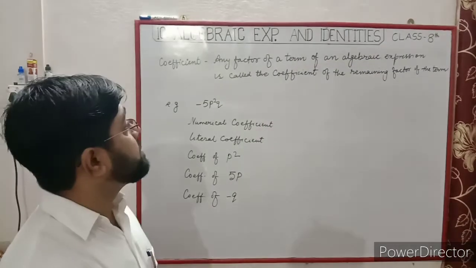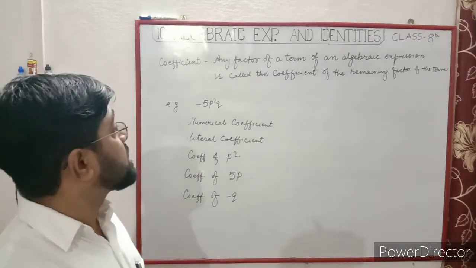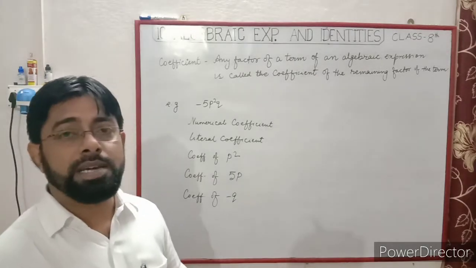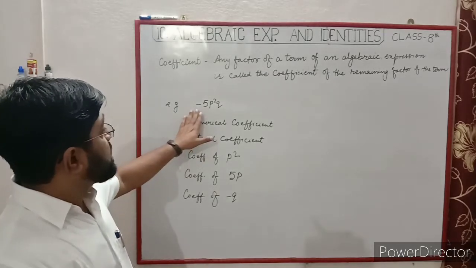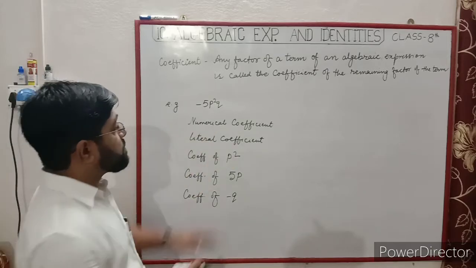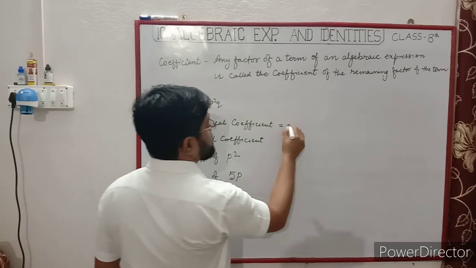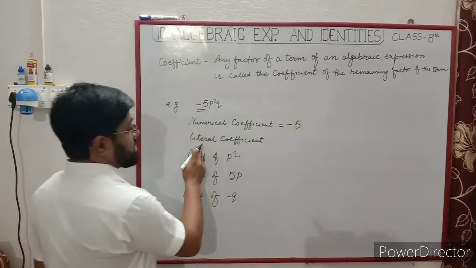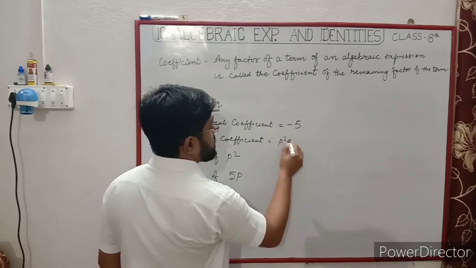Coefficient. Any factor of a term of an algebraic expression is called the coefficient of the remaining factor of the term. For example, in the term minus 5p square q cube, the numerical coefficient is minus 5, literal coefficient is p square q cube.